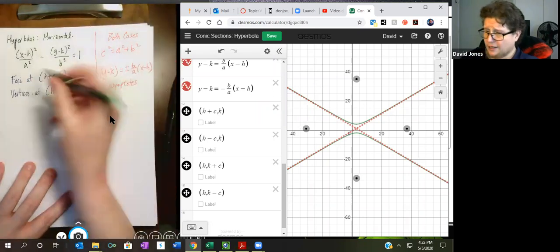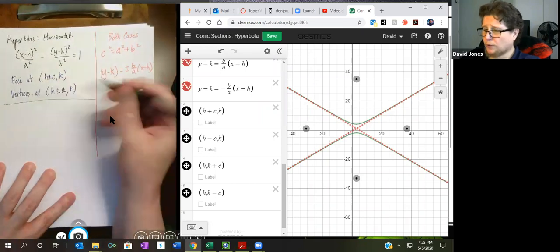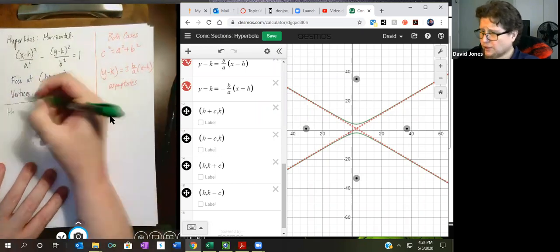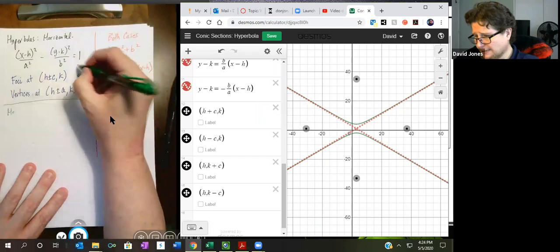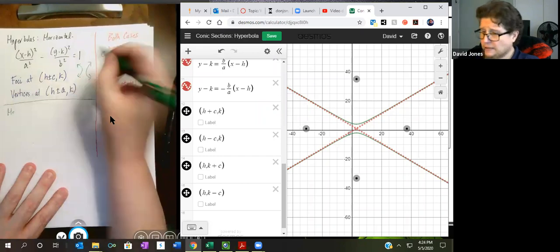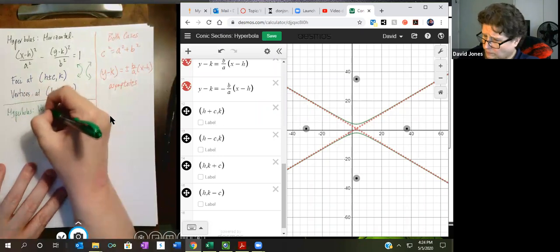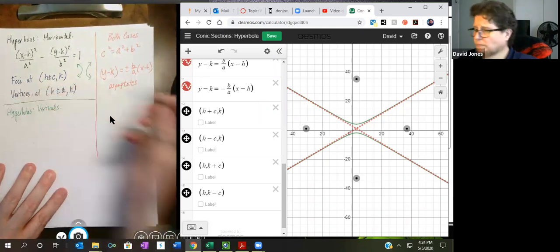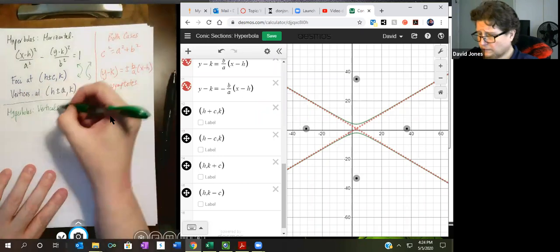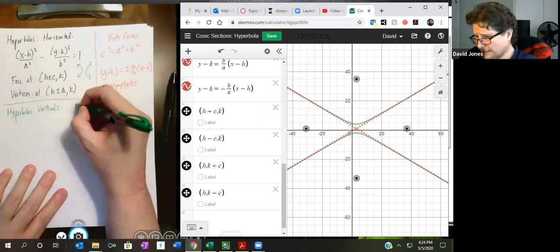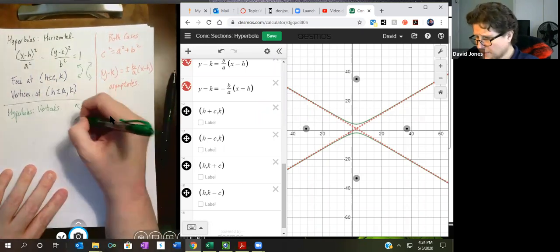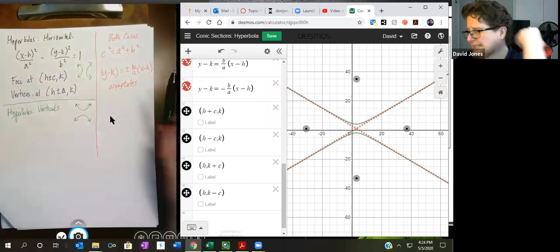If we look at the other form, the vertical one, so this is the ones that open like that, they open up and down. Asymptotes are still in the same spot.